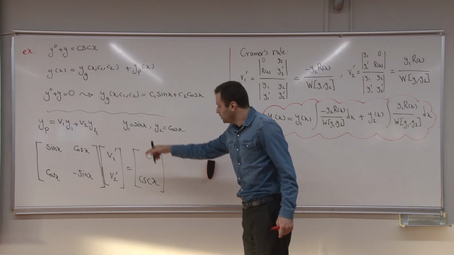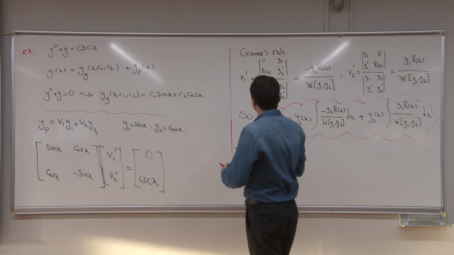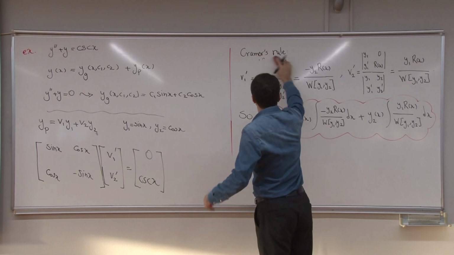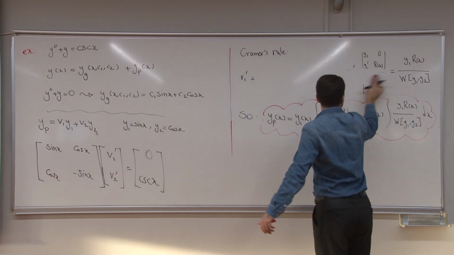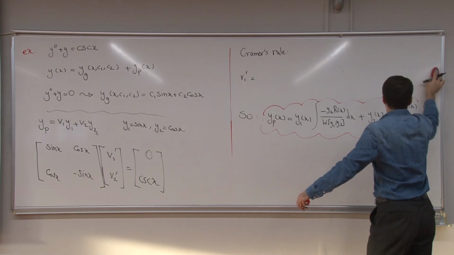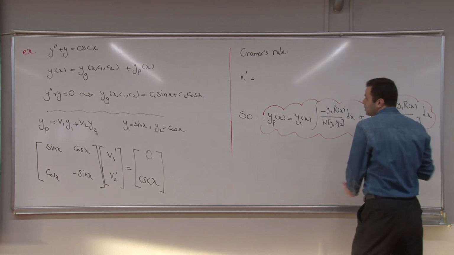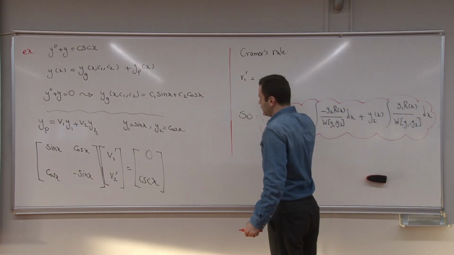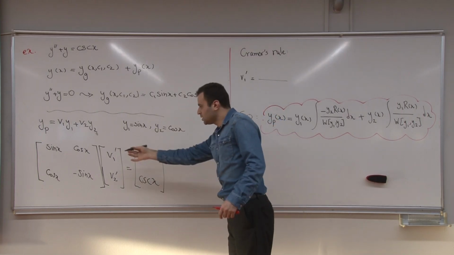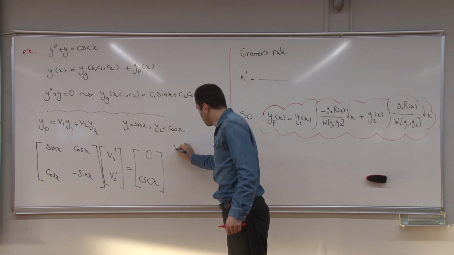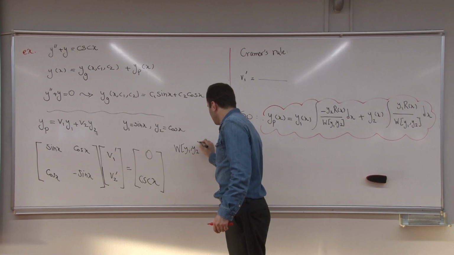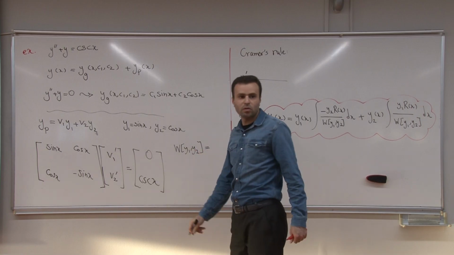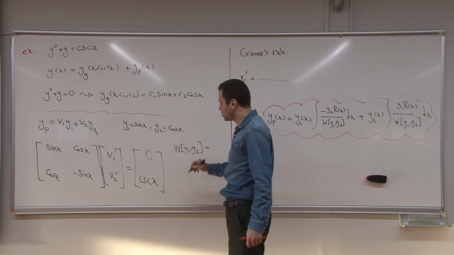How can we find v1 prime and v2 prime? You just need to use Cramer's rule, right? First, let's calculate the Wronskian of these two functions, y1 and y2. Can you please tell me what is the Wronskian of these two functions?